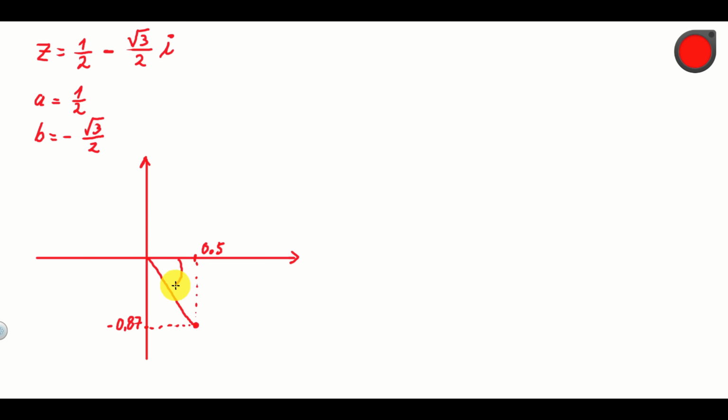The angle of theta is measured over here, or from the real part. Okay, so let's immediately compute r. r is square root of, let's see, a squared is 1 over 4, plus b squared is 3 over 4, plus sign, and this becomes 1.